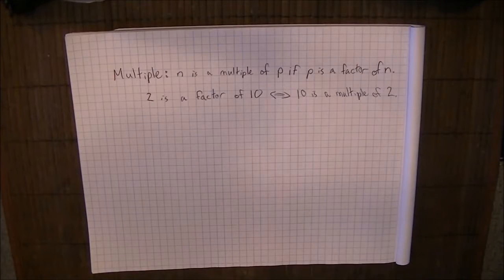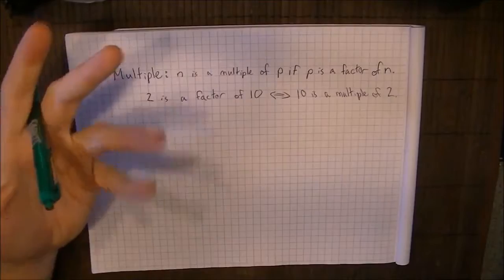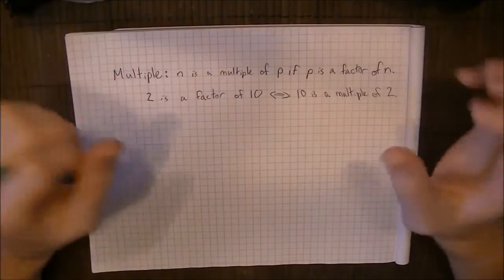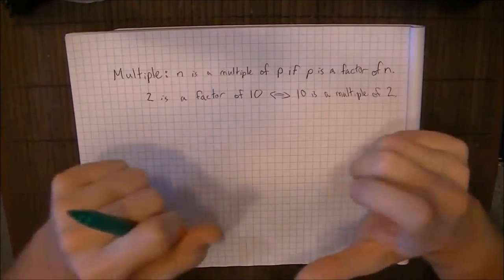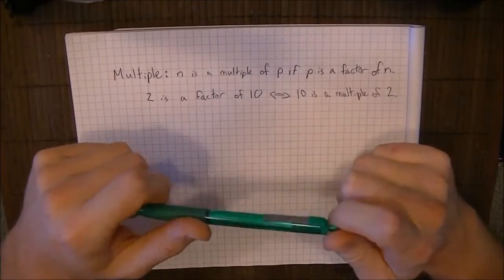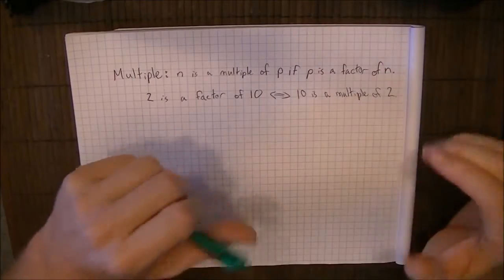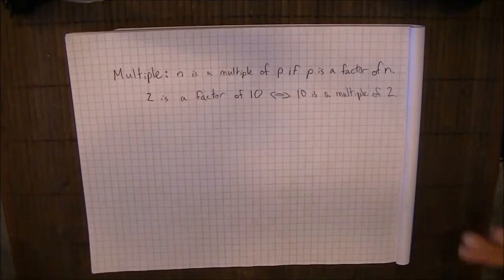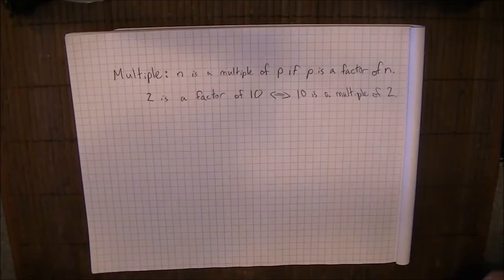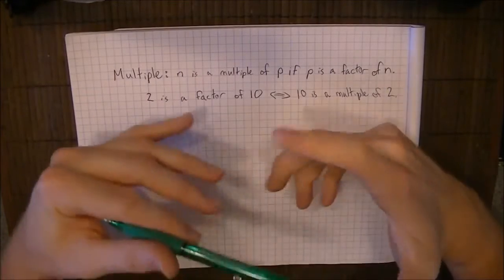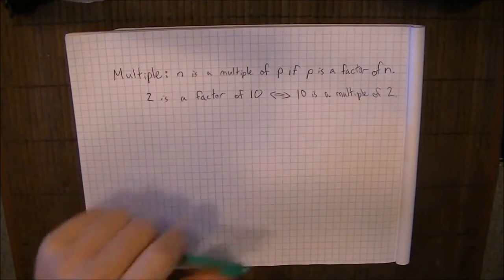Okay? Saying the same thing. So multiples and factors are the same concept just from opposite sides. The bigger number generally is the multiple, the smaller number is the factor. The number that goes into the other number is the factor, and the bigger number, the product, is called the multiple.